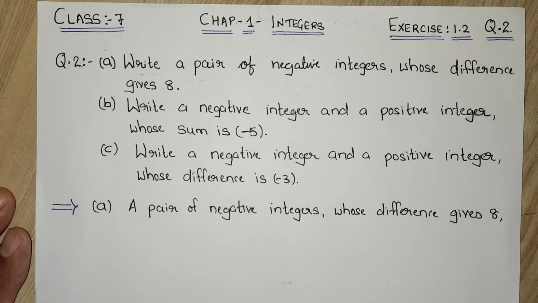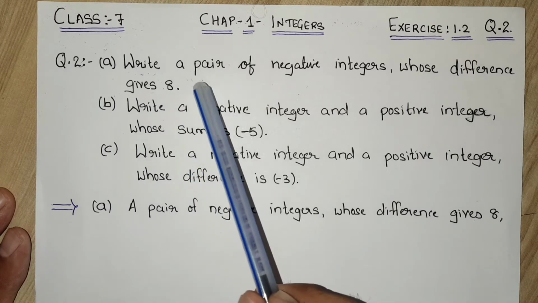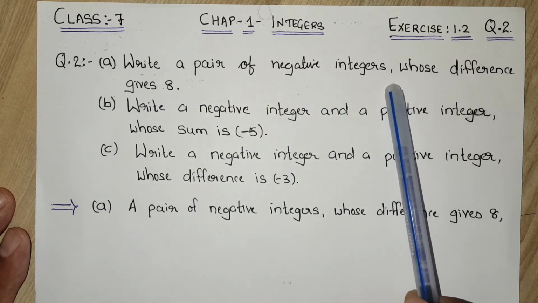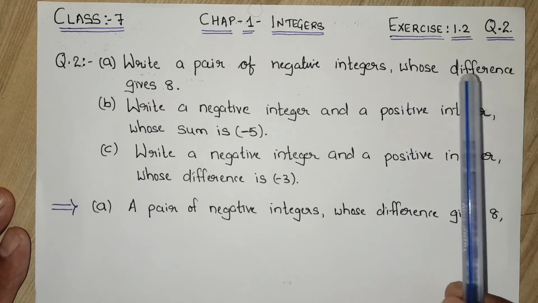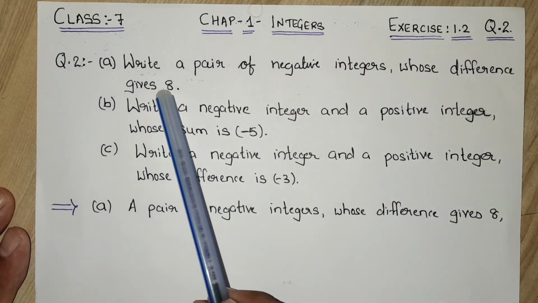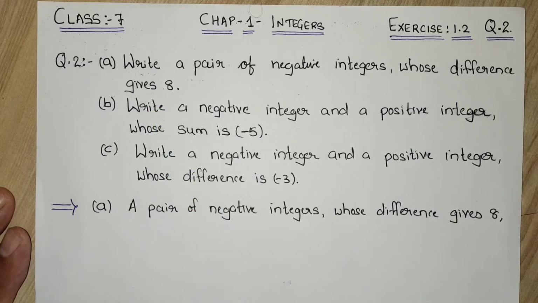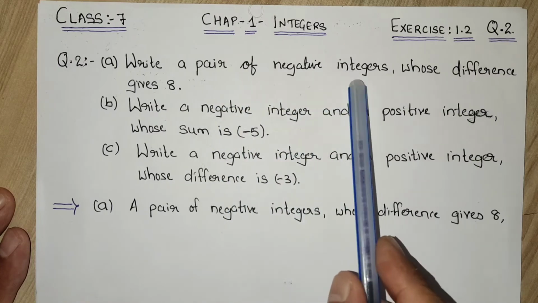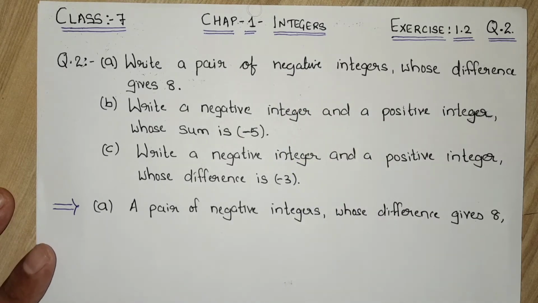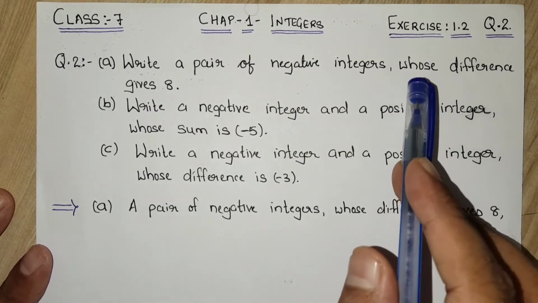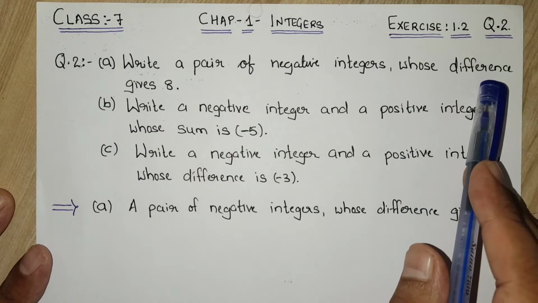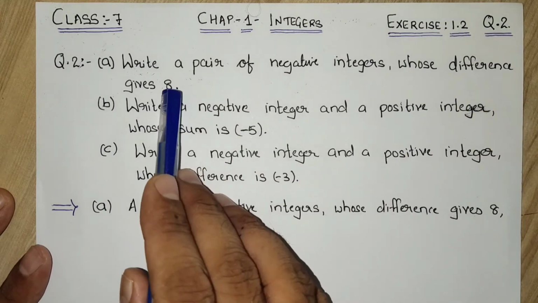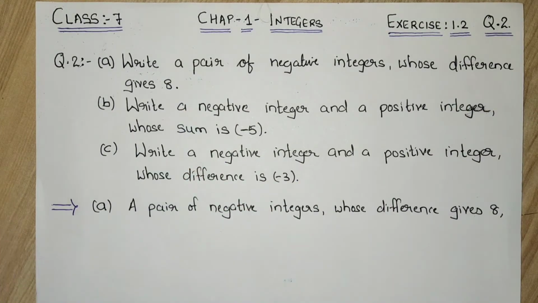It says write a pair of negative integers whose difference gives 8. Students, we have to take such a pair of negative integers, that must be two negative integers, whose difference, that is whose subtraction if we do, we get answer as 8. So let us write.